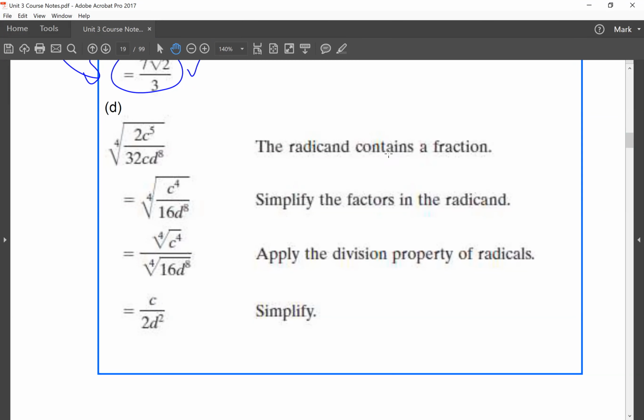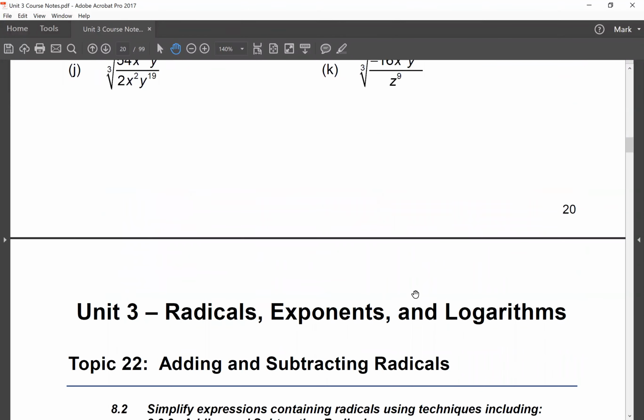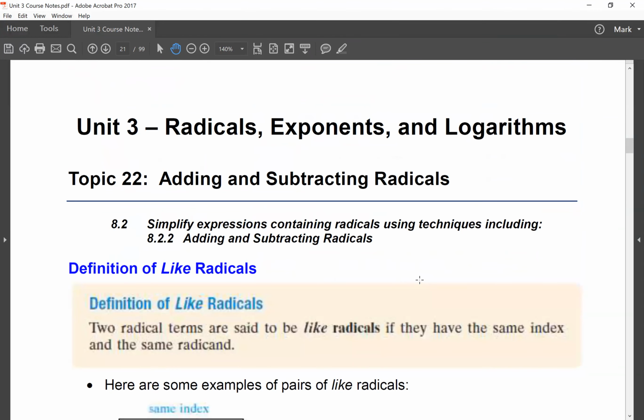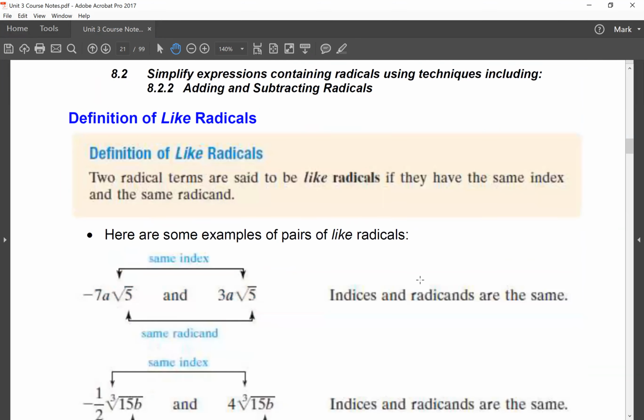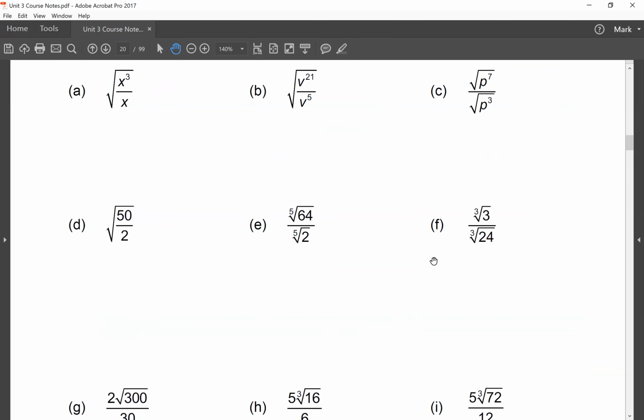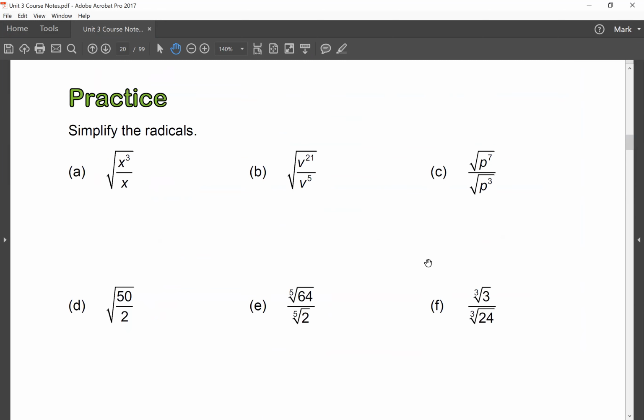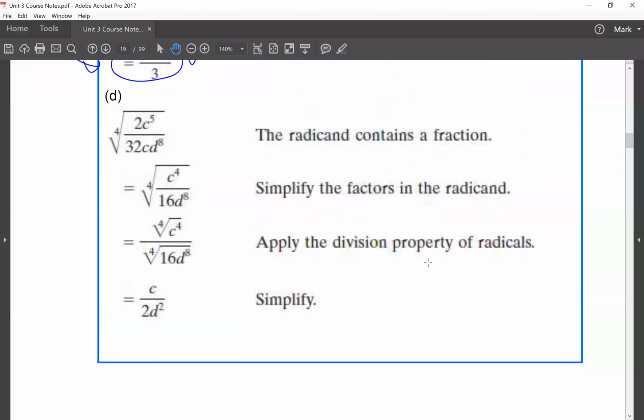This is topic 21, and your test includes up to topic 24. So today I should get through topic 22, and then tomorrow we can do 23 and 24. That'll bring you up to date for your test. But anyways, let's look at D.